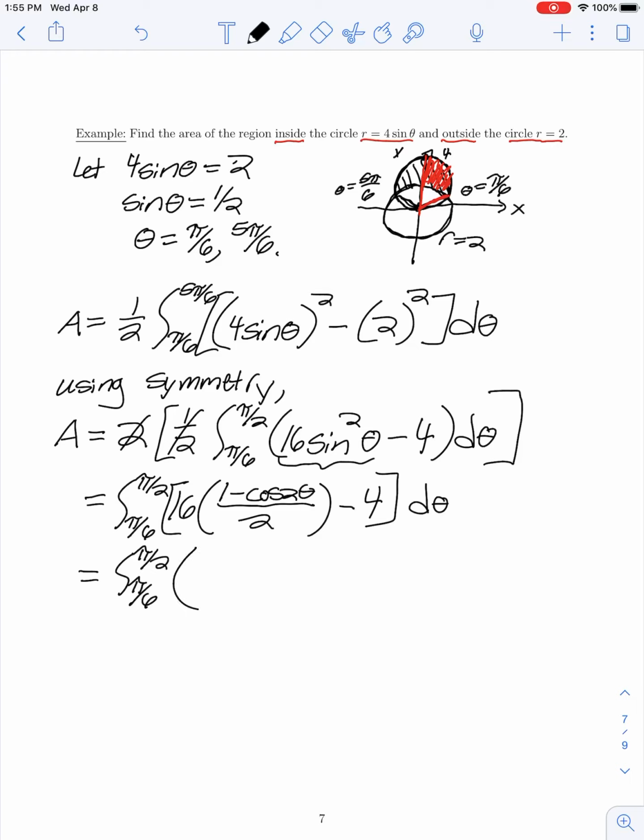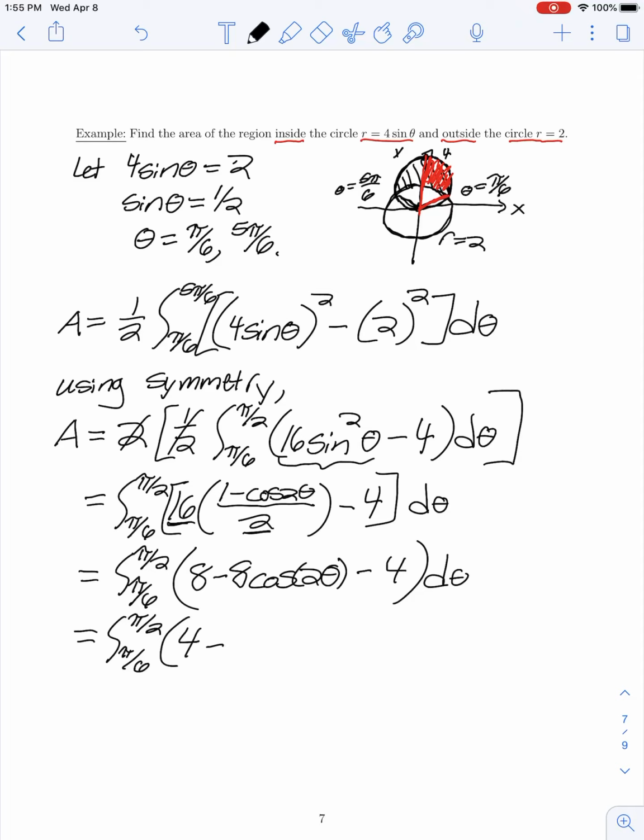If we distribute our 16 with this constant of 1/2, we have 8 minus 8 cosine of 2 theta minus 4 that we are integrating with respect to theta. Grouping our constants, we have the integral from pi over 6 to pi over 2 of 4 minus 8 cosine of 2 theta, d theta.